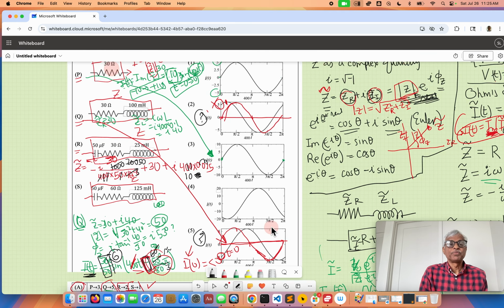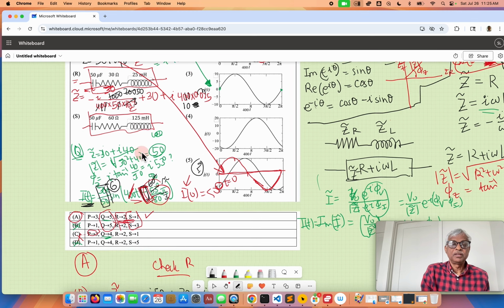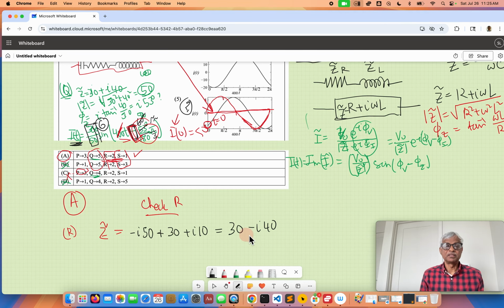Over there, we had Z tilde was 30 plus i40. Over here, we have a minus i40. We don't have to do a whole bunch of work now. It's the same thing. Once you work this out, it's going to be 50, and the phase of Z will be minus arctangent 4/3.